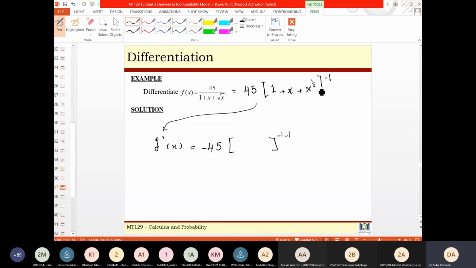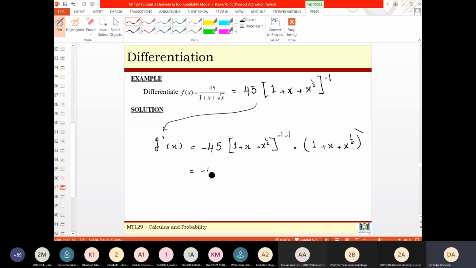The power is minus 1, I subtract 1 again from it. And inside I have what I have, which is 1 plus x to the power half. I'm done? No, I'm not done. I have to multiply with the derivative of 1 plus x to the power half. I want to find its dash. I write dash on it.